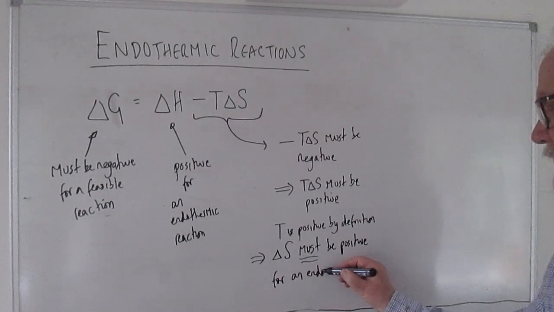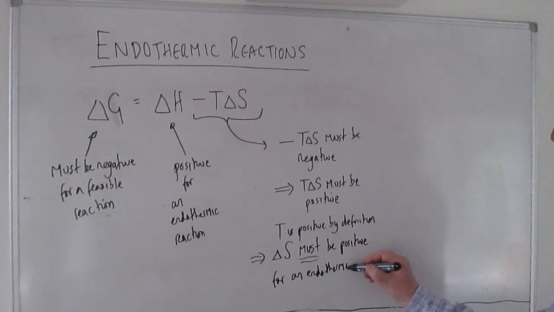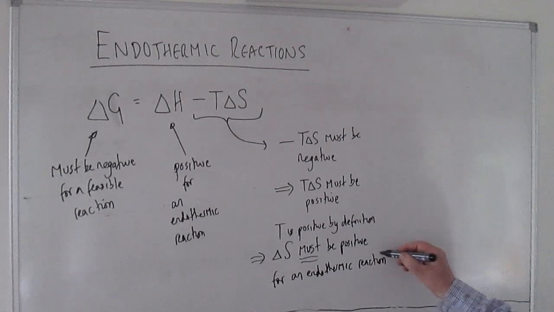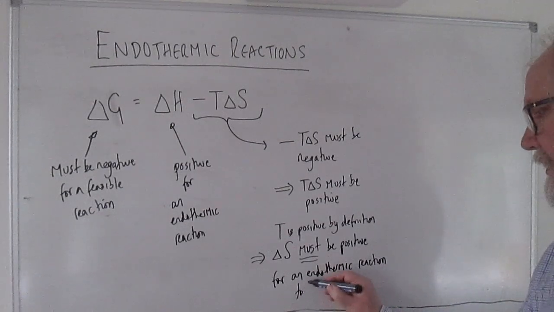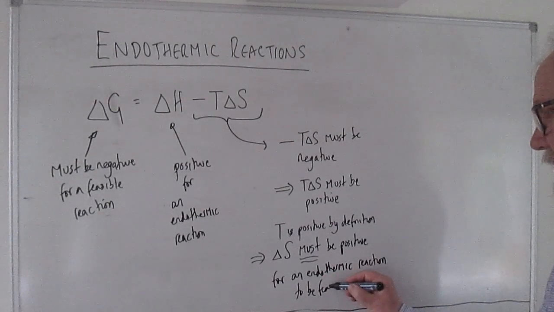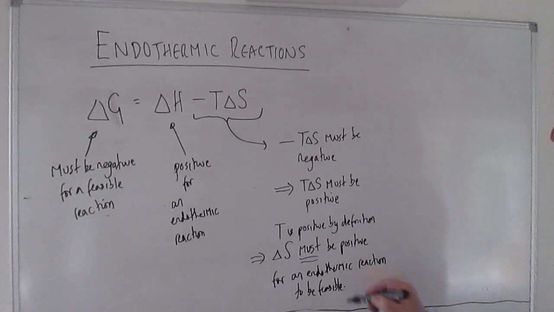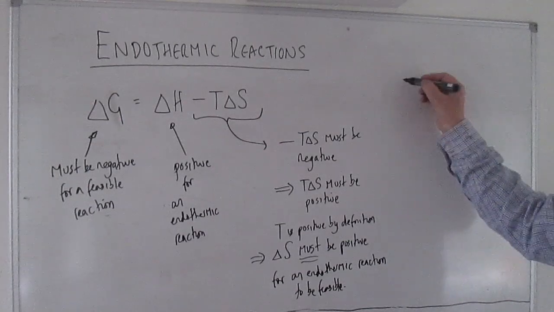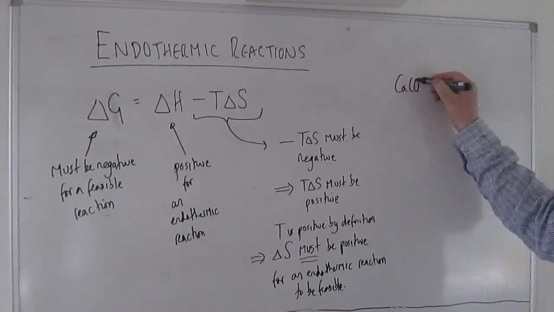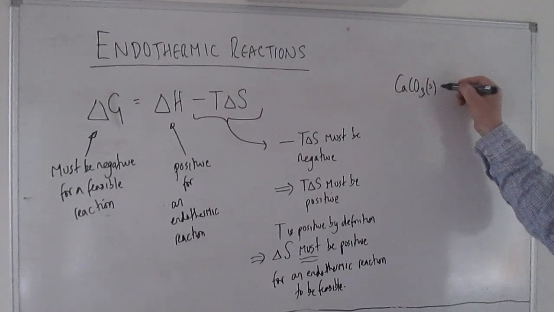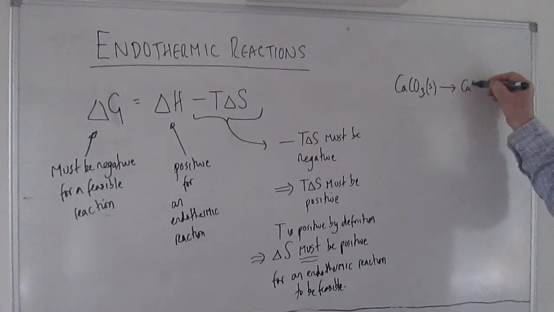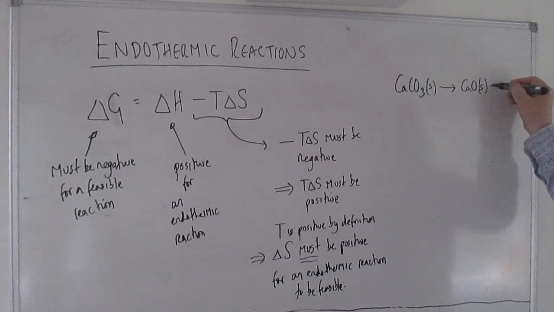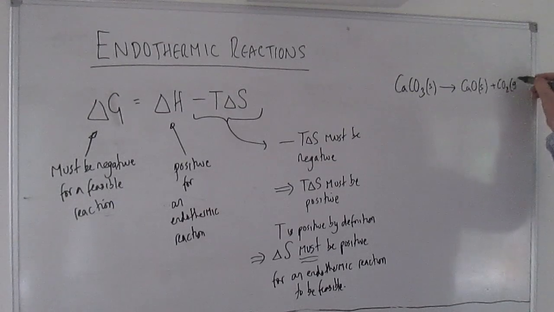That's the important conclusion, that yes, you can have endothermic reactions, but only if they're accompanied by an increase in entropy. And that's a very important result. If you think about a typical example of an endothermic process in chemistry, if you heat calcium carbonate, it decomposes into calcium oxide plus CO2 gas.